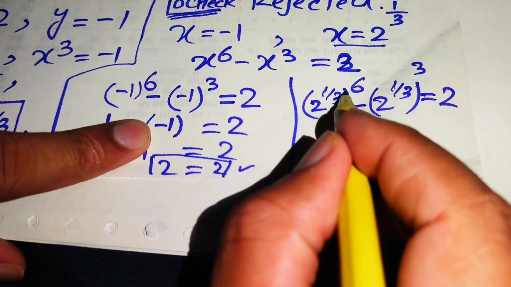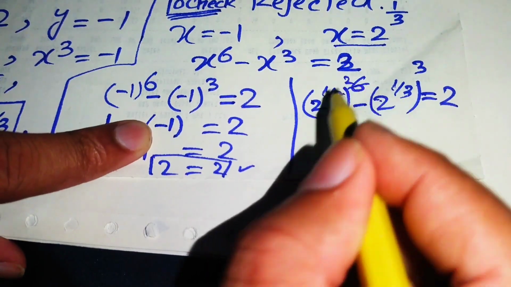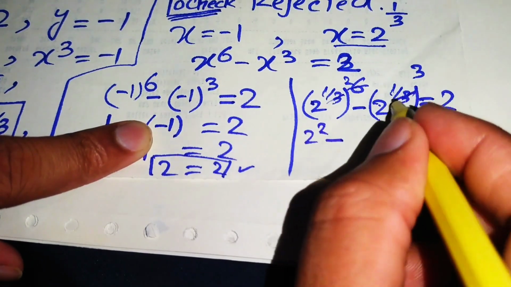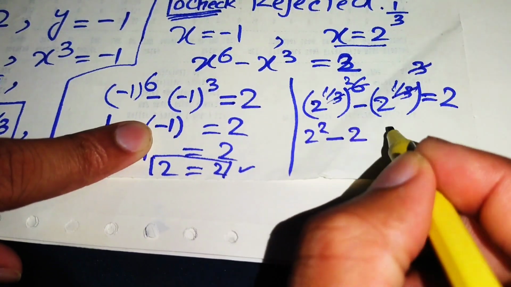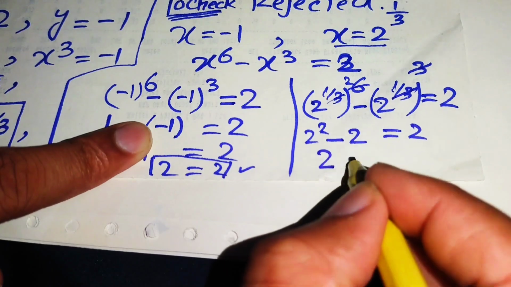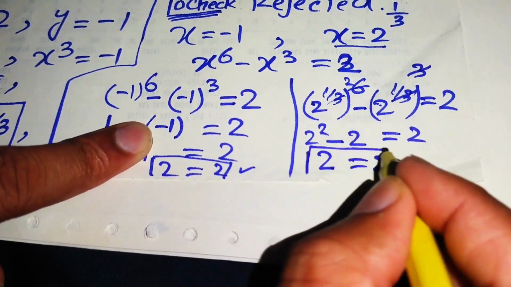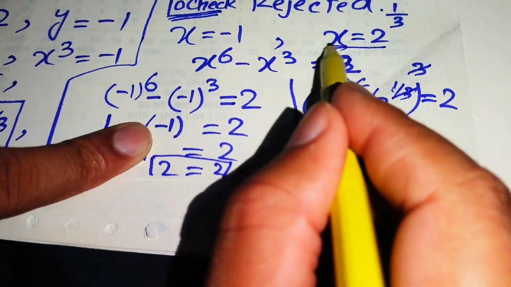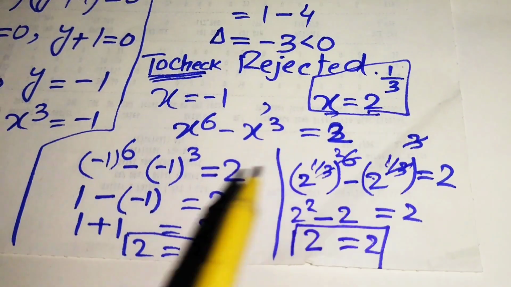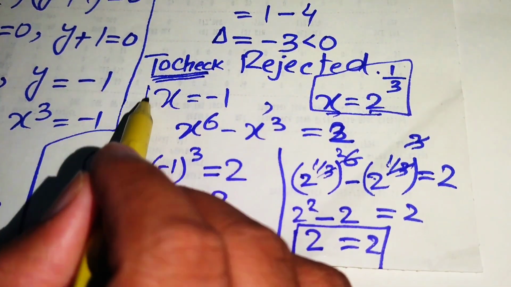So here you see that 3 times 2 is 6, and we get 2 to the power of 2 minus 2 to the power of 1, since the 3s cancel out, and we get only 2 equals 2. So this 2 squared becomes 4 minus 2 is 2, equals 2. This shows that x equals 2 to the power of 1 over 3 is the second solution of the given question, and this is the final answer.